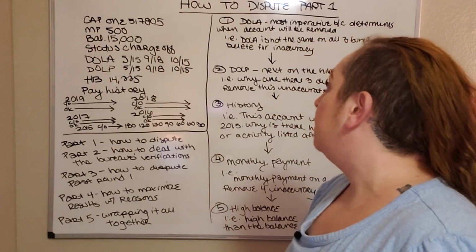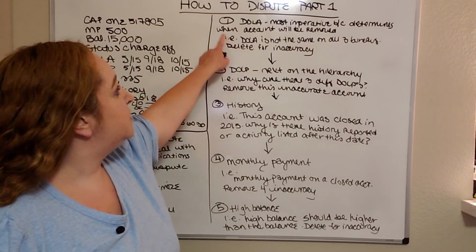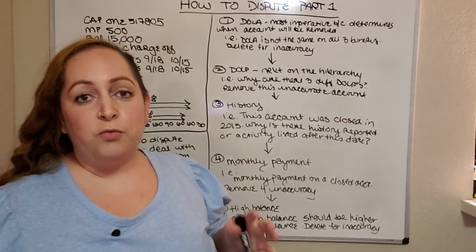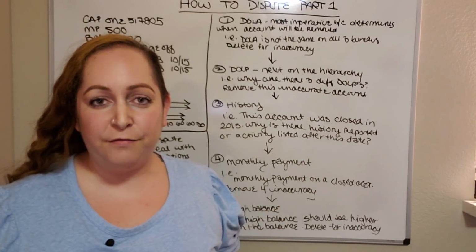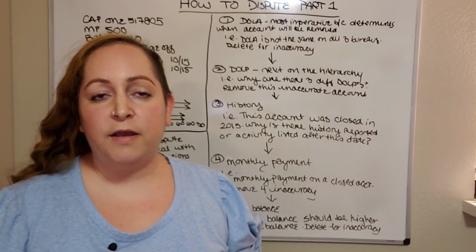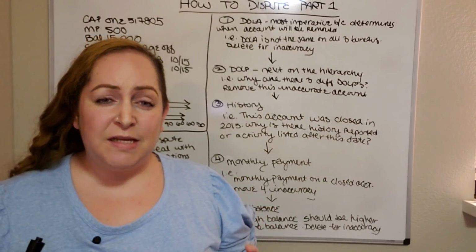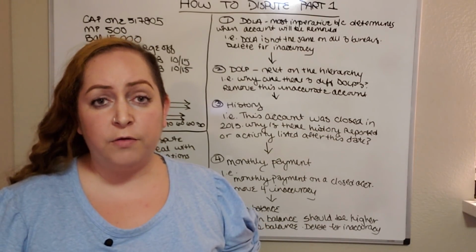Okay, so the first thing that we want to do is dispute the date of last activity. The reason we're doing this is because it's imperative to the reporting of the account. What that means is that the date of last activity stipulates when this account is naturally going to fall off your credit report.